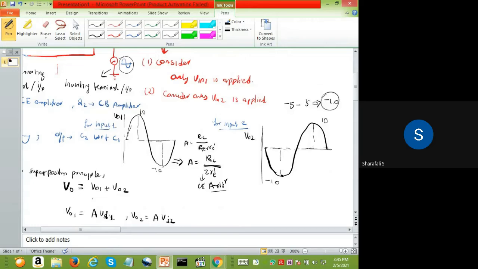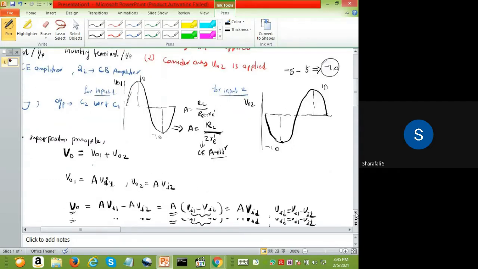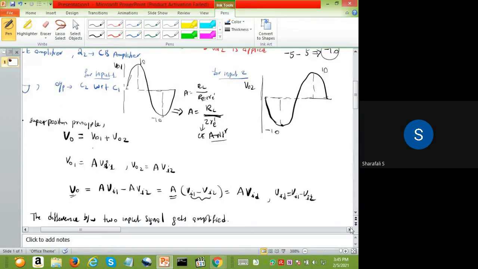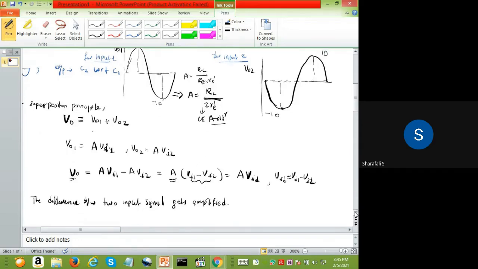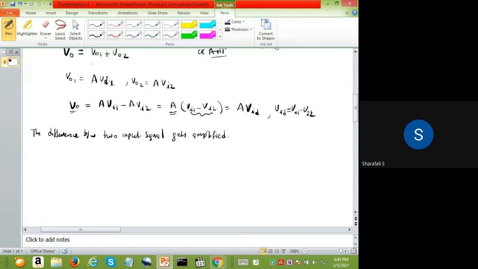So total gain will become RC by R. Total gain will become increased when we have both inputs. So that's about the gain.